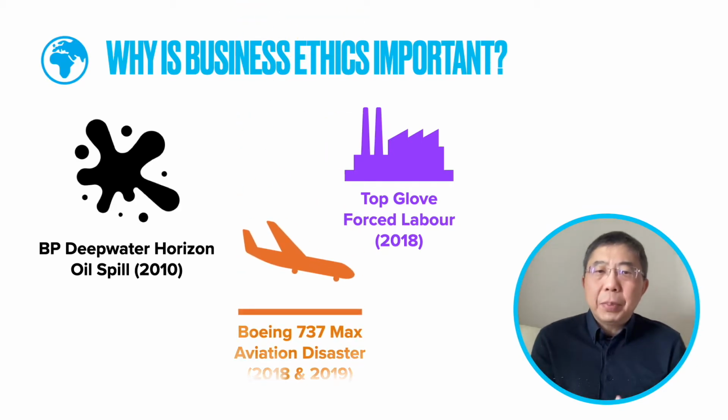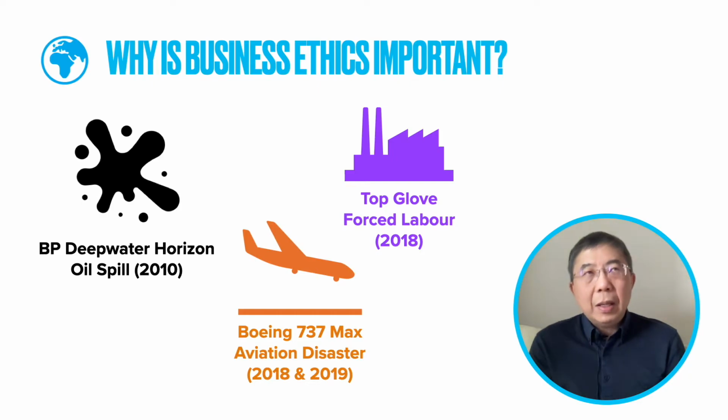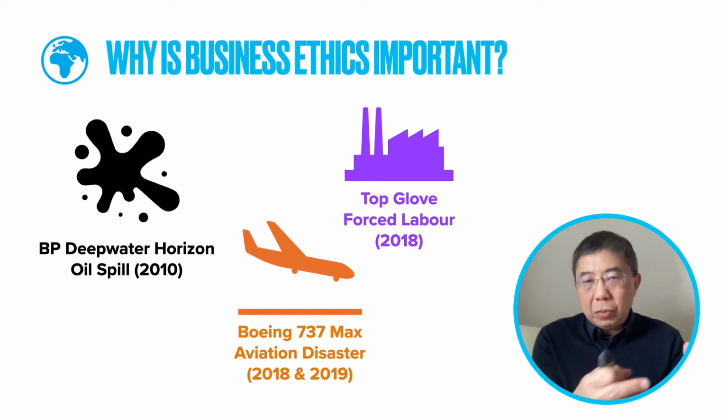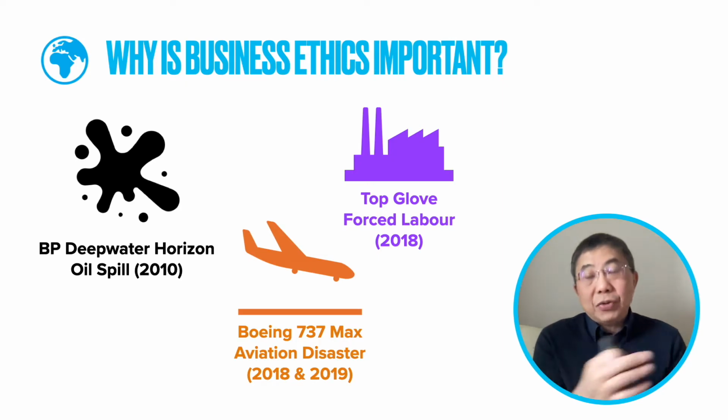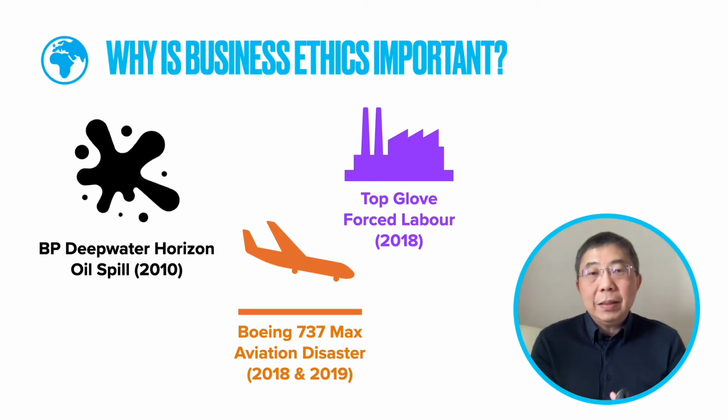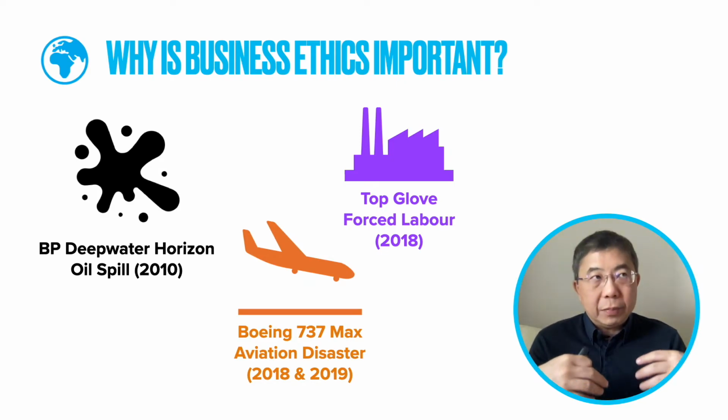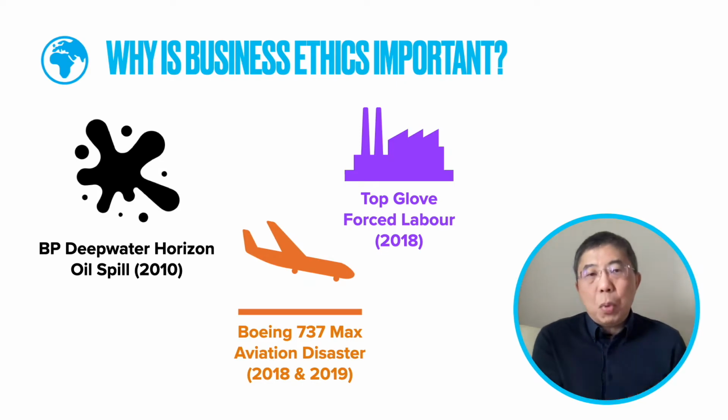Another example was the Boeing case, which happened again just before the pandemic, where in 2018 and 2019 there were two back-to-back horrific crashes of the Boeing 737 MAX aircraft.